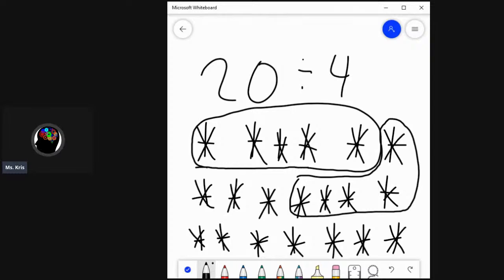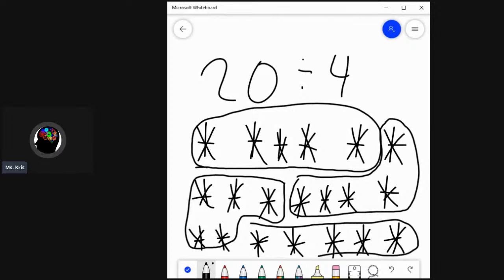That's another group. 1, 2, 3, 4, 5. That's another group. And 1, 2, 3, 4, 5 rounds out my final group. So, as you realize, in each group I have a group of 5. So, 20 divided into 4 equal groups equals 5 in each group.